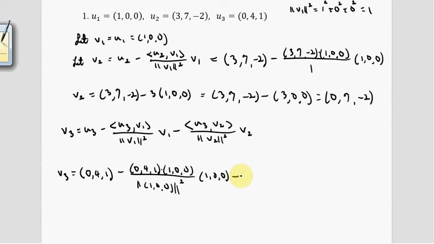Then this is minus the dot product of u sub 3, which is 0, 4, 1, with v sub 2, we just found that one, 0, 7, negative 2. And that's all over the norm of v sub 2 squared, 0, 7, negative 2, squared, times v sub 2.